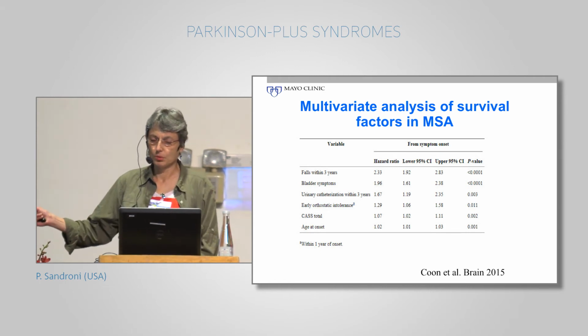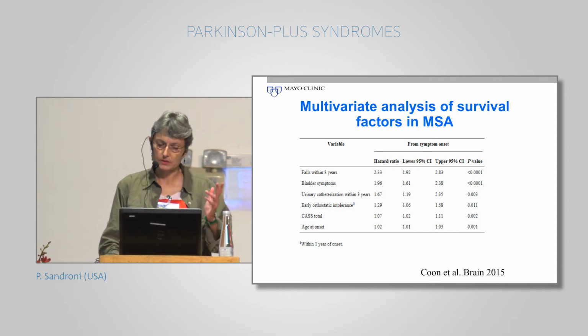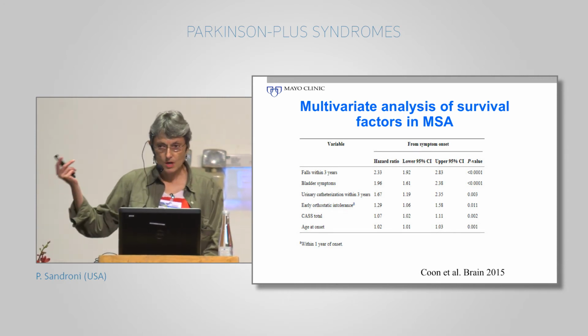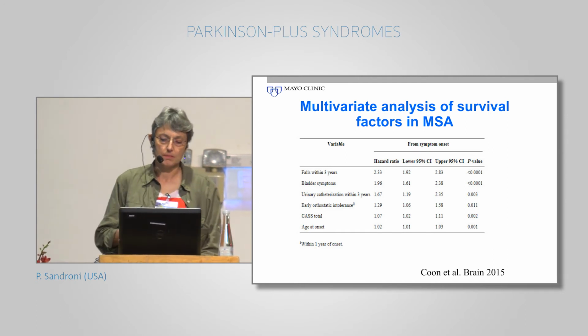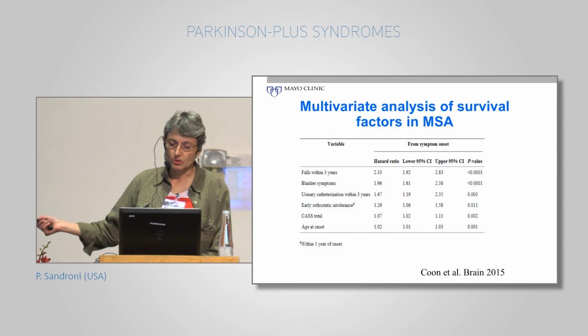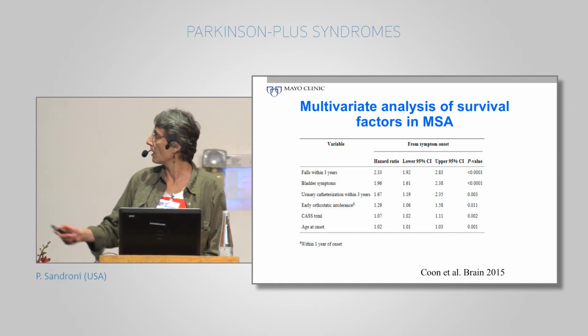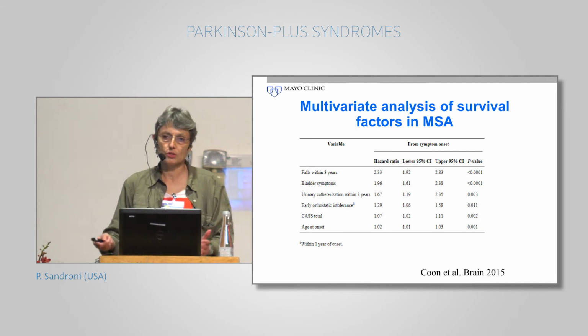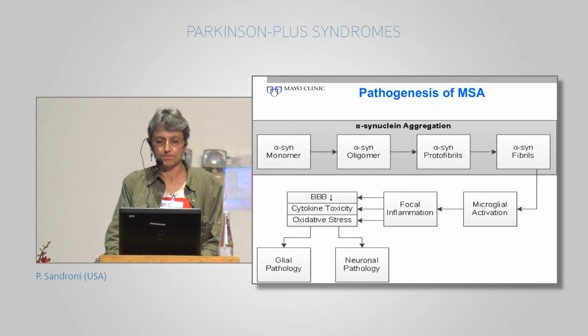Also a poorer prognosis is the presence of need for urinary catheterization within 3 years. Again, neurogenic bladder is really a very important parameter. Early orthostatic intolerance, the total score of the autonomic dysfunction, which shouldn't be a surprise, and the age of onset. So all these portend, again, a poorer prognosis.